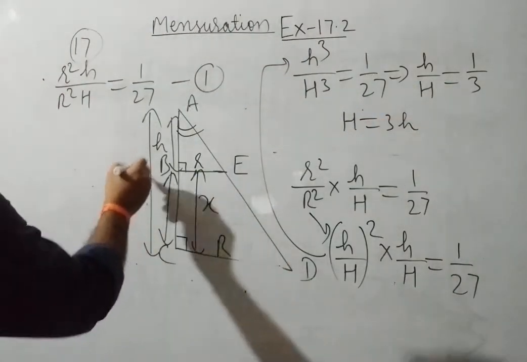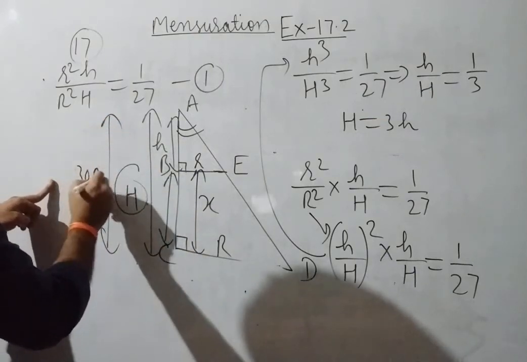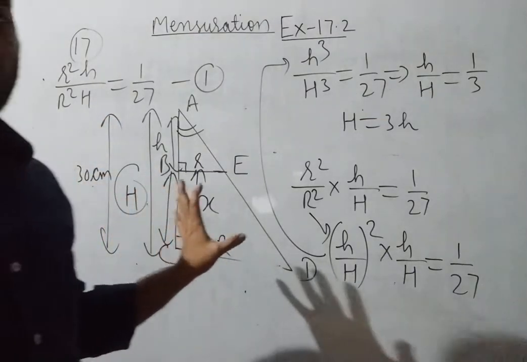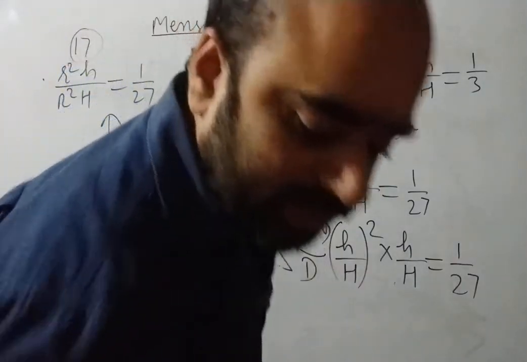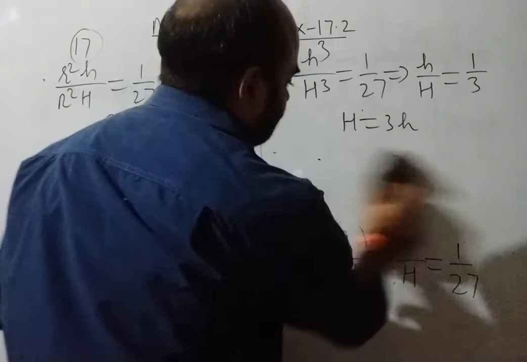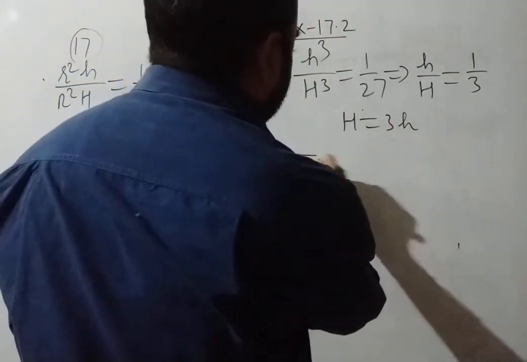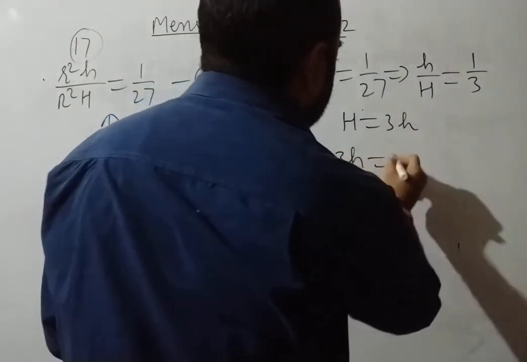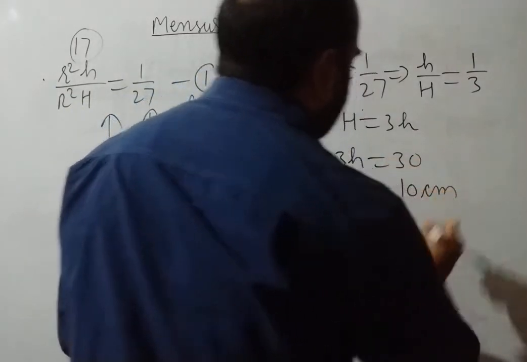And capital H value is given what? Total height of the cone, that is the bigger cone, is 30 centimeter, already given. It means we can substitute this: 3h is equal to 30, therefore h will be 10 centimeter.